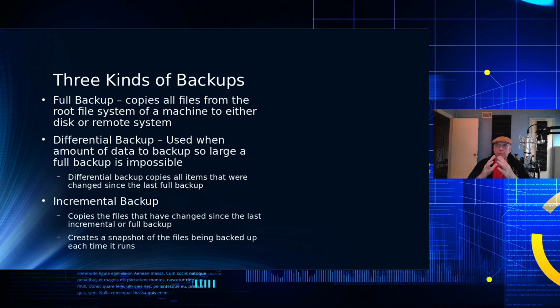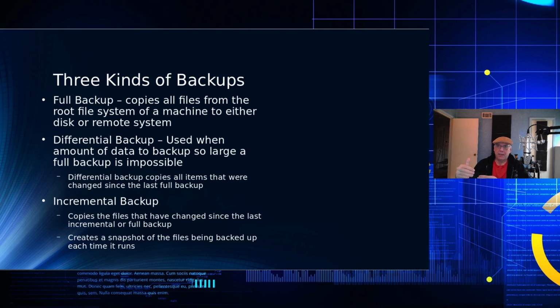Those copy files that have changed since the last backup. Now, that could be a full backup or that could be an incremental. So let's say that you did a full backup once a week, and you pick, let's say, Sunday. So I do a full backup on Sunday, and then Monday I run the backup again. And this time it does not copy everything. It looks for what has changed, and then it makes just the copies of that.